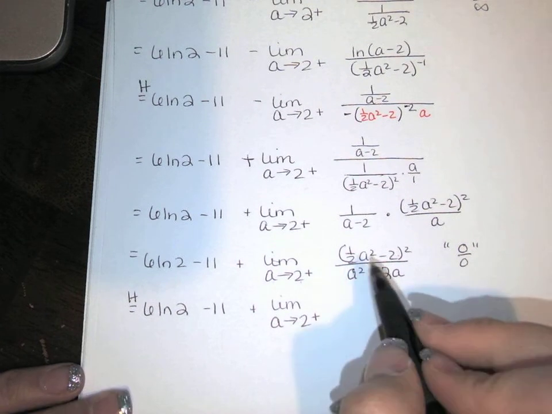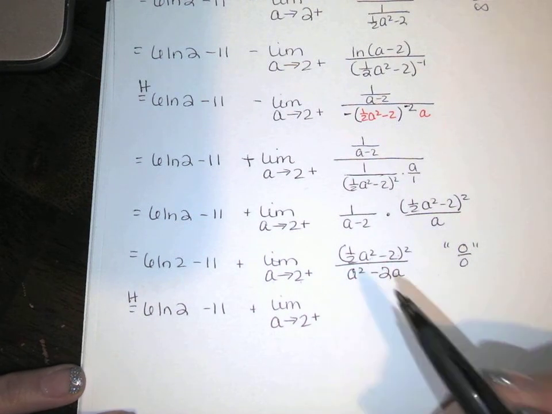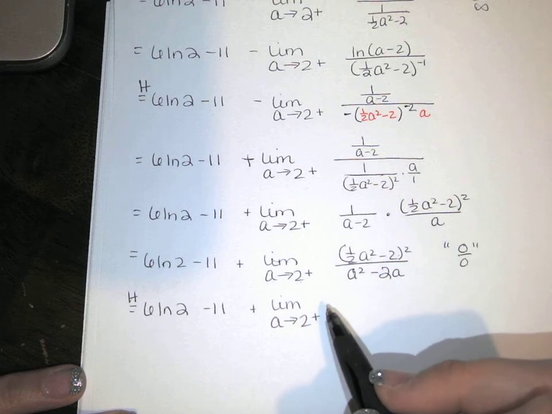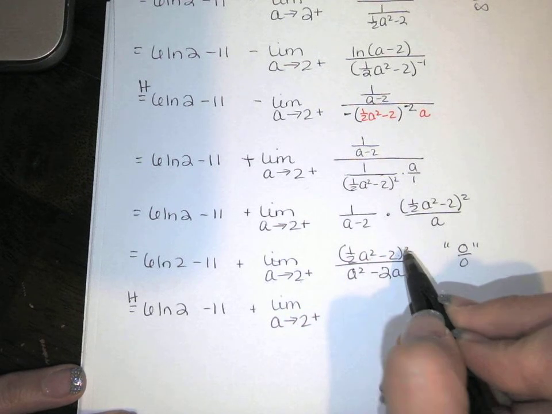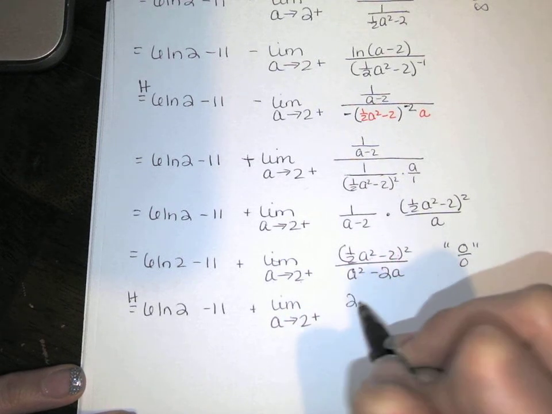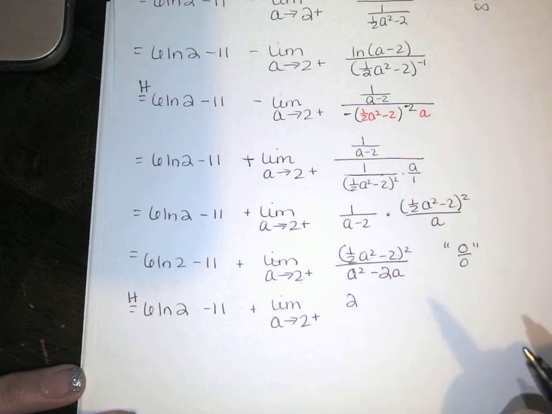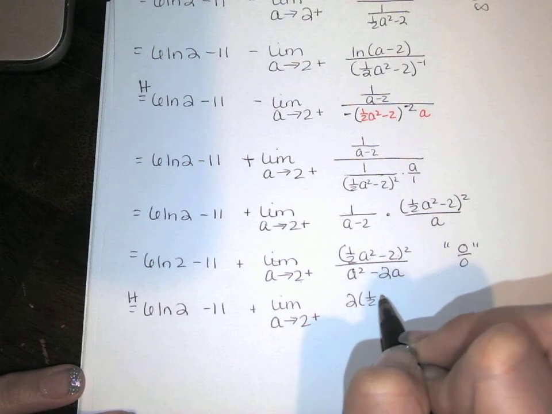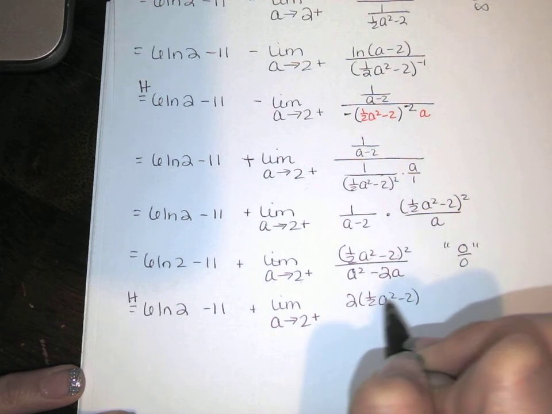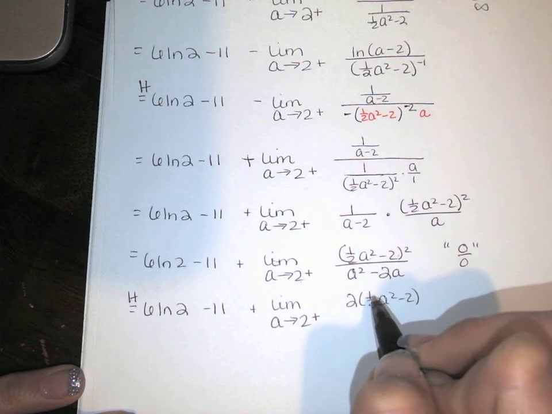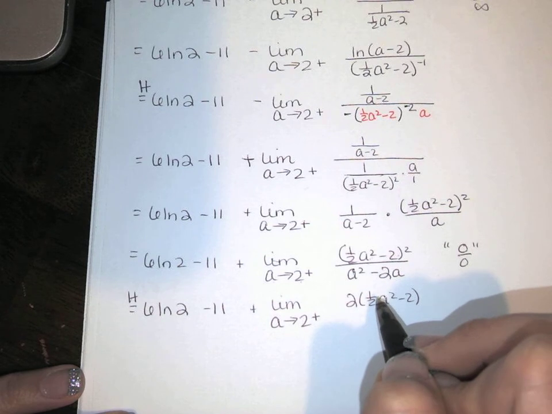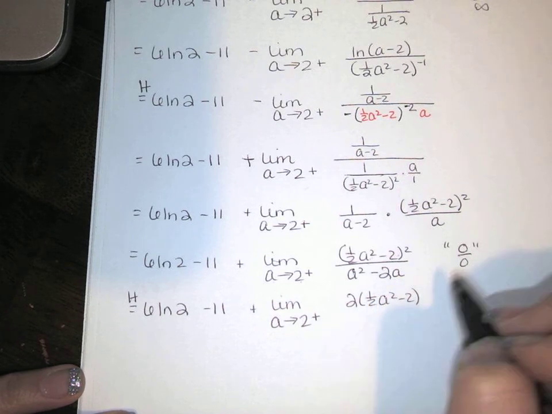All right, according to L'Hopital's rule, the limit of this function is the limit of the derivative of the numerator over the derivative of the denominator. So I've got a function squared. The derivative of a function squared by the chain rule is 2 times the function times the derivative of the inside. And the derivative of 1/2 a squared is 1/2 times 2, that's a 1, times a to the first.